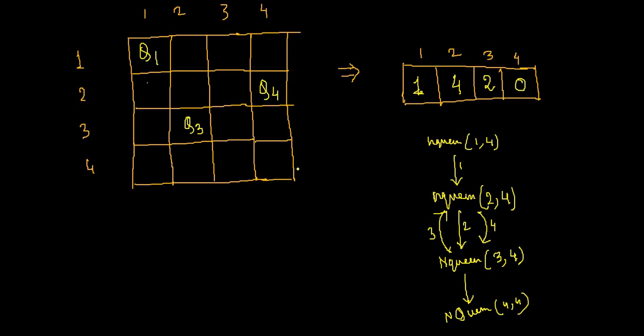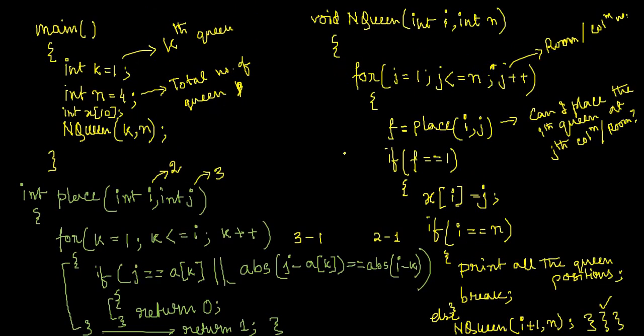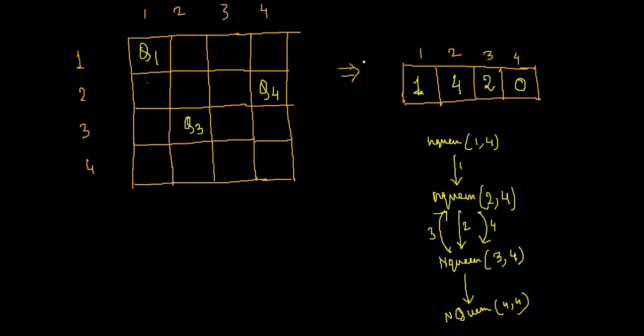So this j loop will execute 4 times and this loop will break. There will be no position j for this ith queen where i equal to 4, for which this place function will return true. That means this loop will break for queen 4, 4. And when the loop breaks, queen 4 will return to queen 3, 4, because that is where it was called from.